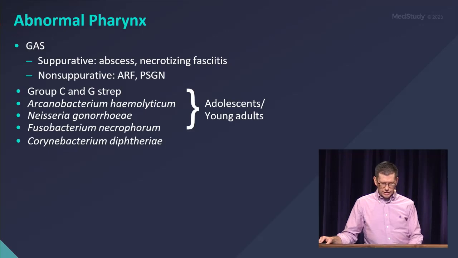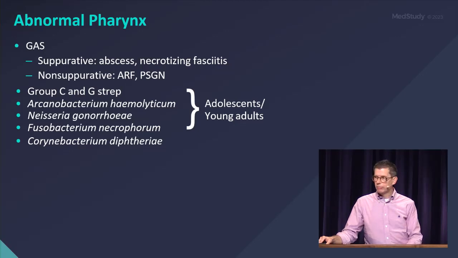So Arcanobacterium, right? It's a gram-positive weakly acid-fast bug. It's very similar to Group A strep in terms of producing a scarlet fever-like rash, but it doesn't have palatal petechiae or strawberry tongue. For Arcanobacterium, we typically use penicillin or a macrolide to treat that.